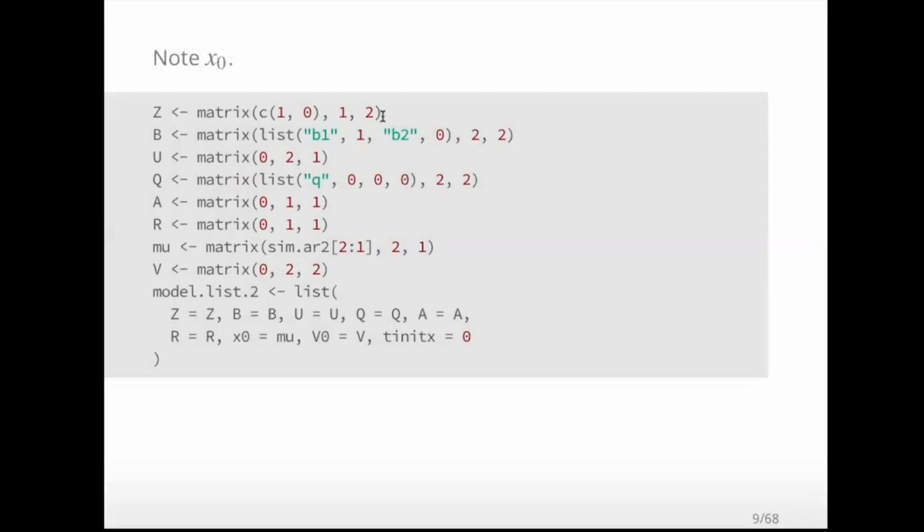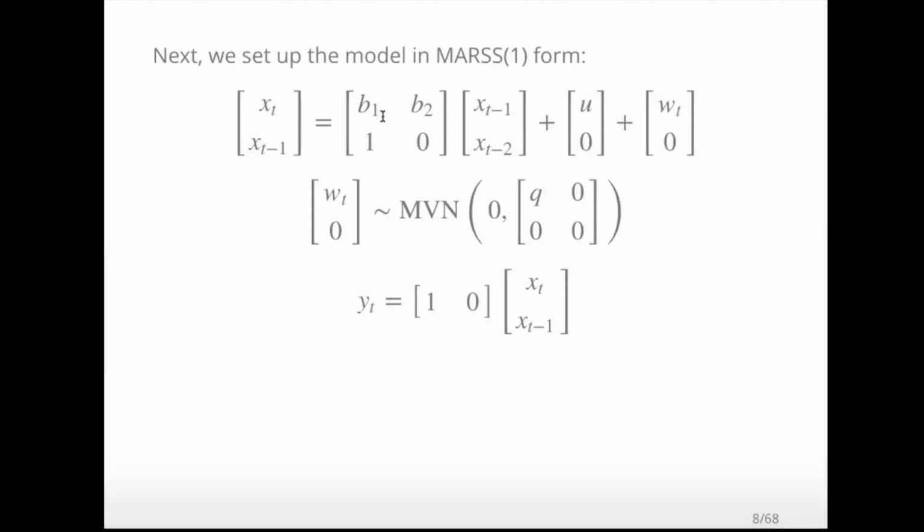There's one thing that's different here, I should point out. And that is what the initial condition for the x's are. And this is actually the case whenever you are fitting models where you've set the observation error variance to 0, you can't estimate the initial value, because if the observation error variance is 0, then the x is going to be completely specified by your data in some way.